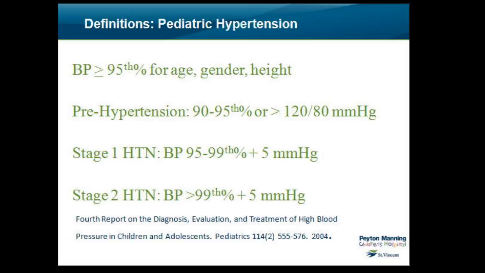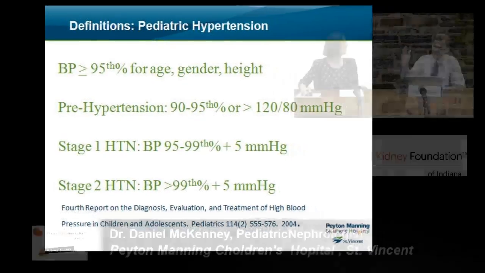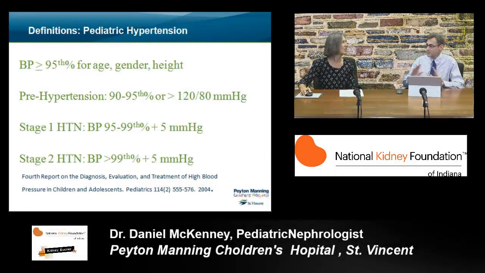The taller you are, the higher your blood pressure tends to be. And there have been studies that looked at blood pressures in large populations of kids from infancy up to 18 years of age. So there are these big tables that we pull normal blood pressures from, and they largely relate to your age, whether it's a boy or a girl, and your height.